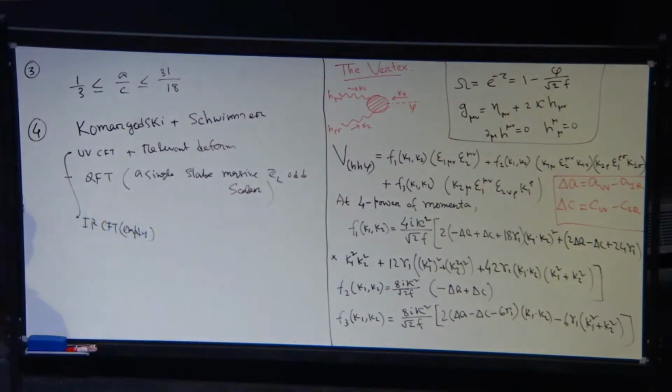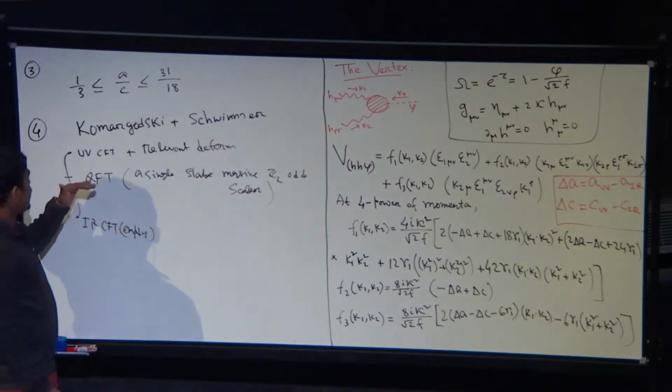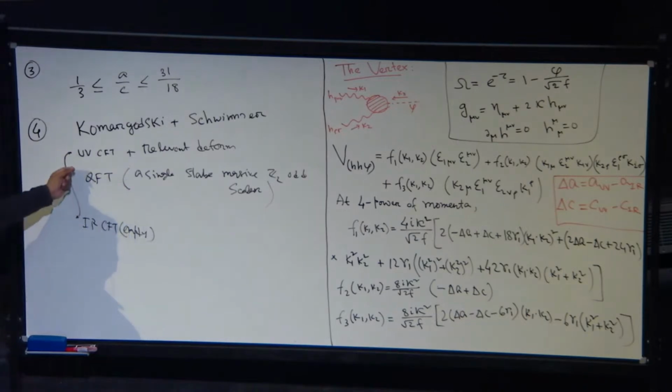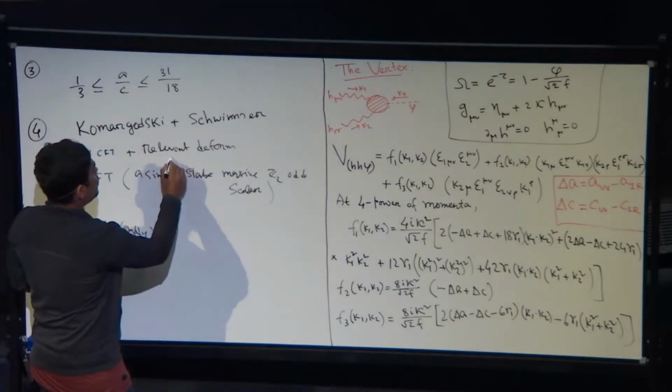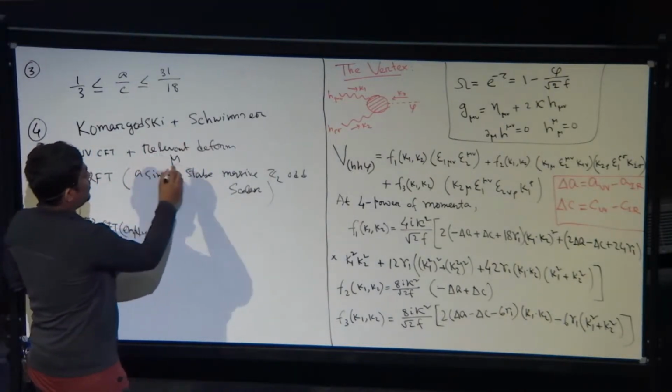And then what we use is that now we want to probe this UV CFT's A anomaly coefficient, and to do that, we use the Komargodski-Schwimmer prescription to replace all the mass scales of the relevant deformation.